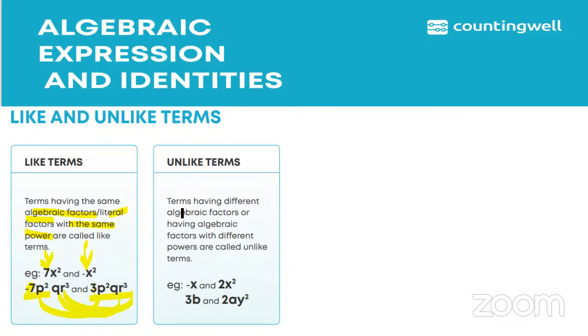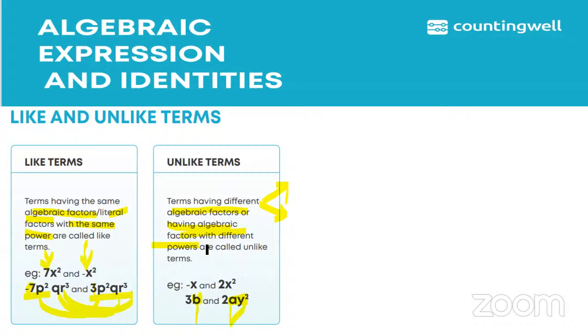But in the case of unlike terms, they have different algebraic factors, or algebraic factors with different powers. So there are two cases for terms to be called unlike. One is they have different algebraic factors. Here you can see it is b and here it is ay square. So the algebraic factors are different. Here we have b, here we have a and y.